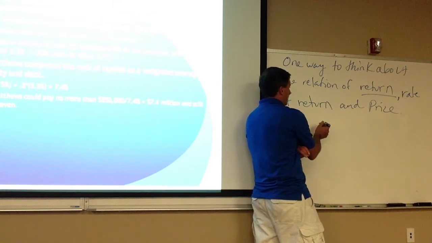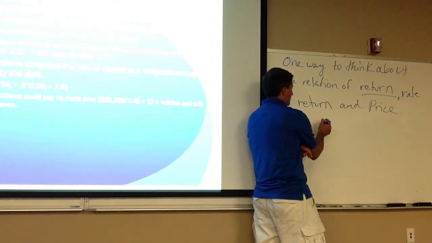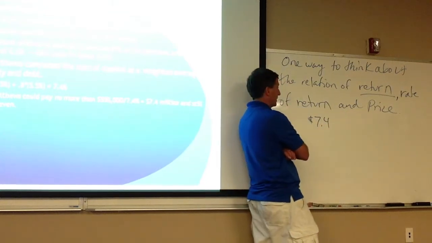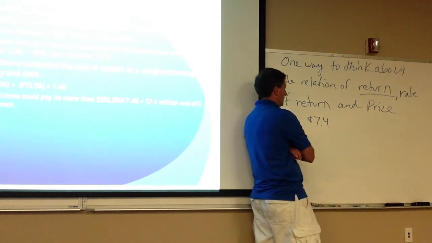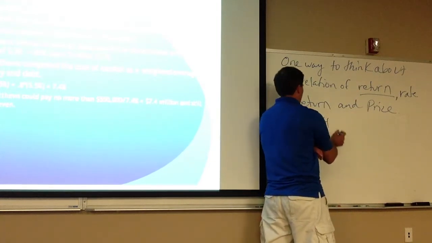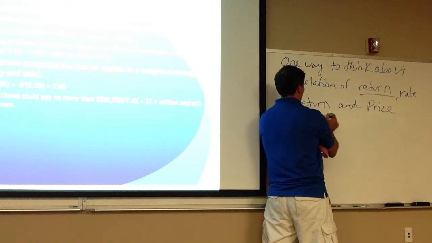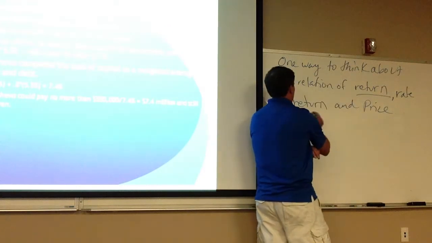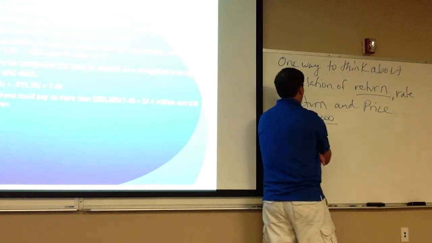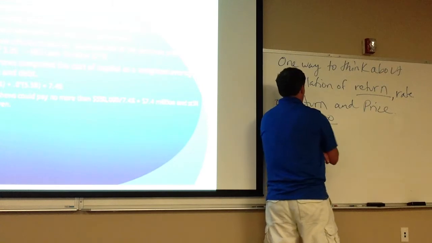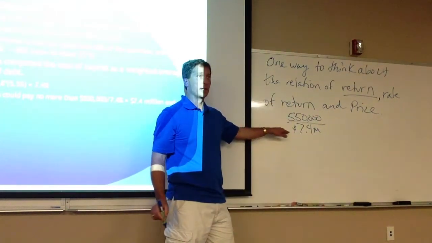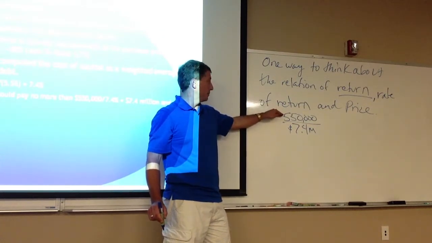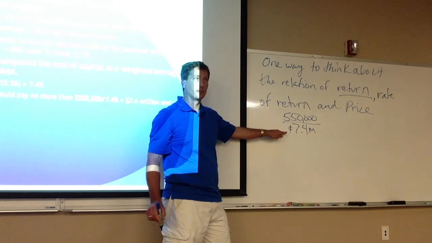If I take my $7.4 million price that I paid for the building, and I show that, I screwed up the way I showed that. I should have put 550 first. If I take my $550,000 profit divided by the purchase price of 7.4 million, I earned $550,000 by buying a $7.4 million building, right?